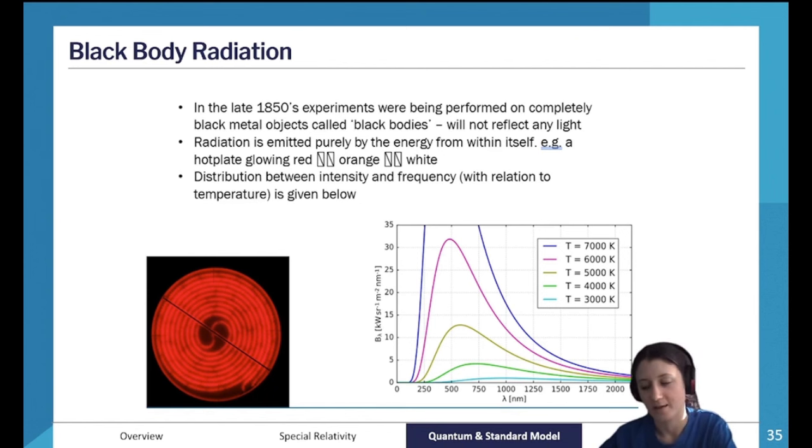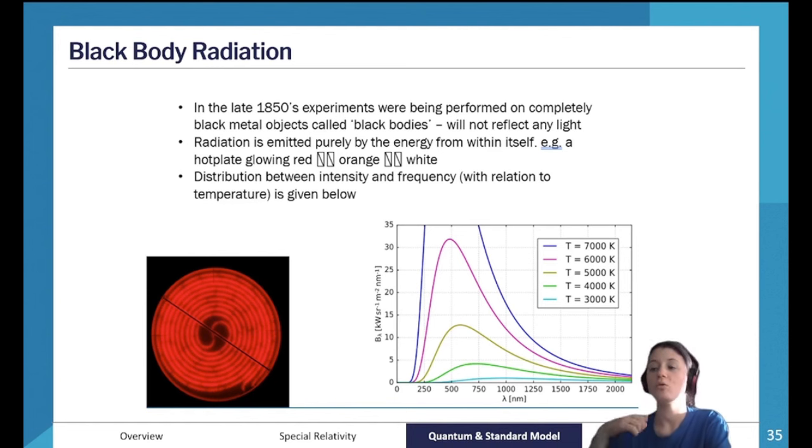Remember, the wavelength and frequency are directly related. So, the brightness is the intensity of the light. It's essentially like how much light is there. Alright, it's not to do with the color, it's to do with how much there is. So, as the wavelength increases, what we see for a little bit is that the brightness increases too. Then there is a peak, and after that, when the brightness is decreasing, the wavelength is still increasing.